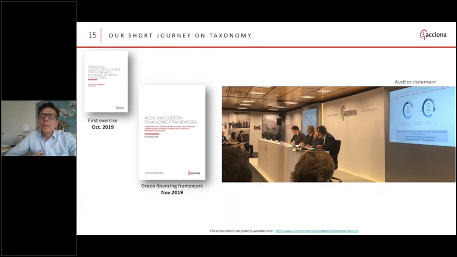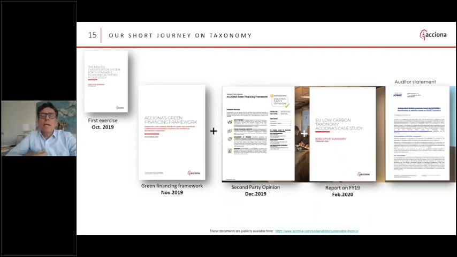During the last fiscal year results presentation, we offered the second exercise about the taxonomy with the figures of fiscal year 19, verified and audited by our financial auditor, and we also collected our second party opinion in order to be aligned with the green financing framework that we had.